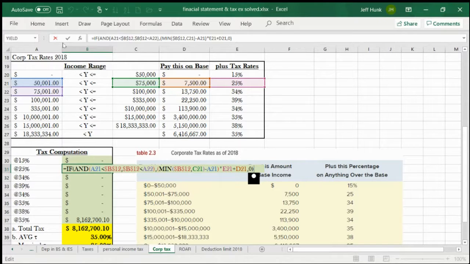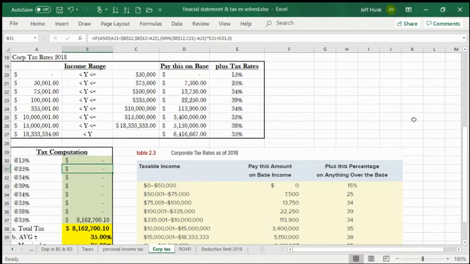Okay, and then you do that through and through by copying and pasting it all the way down.